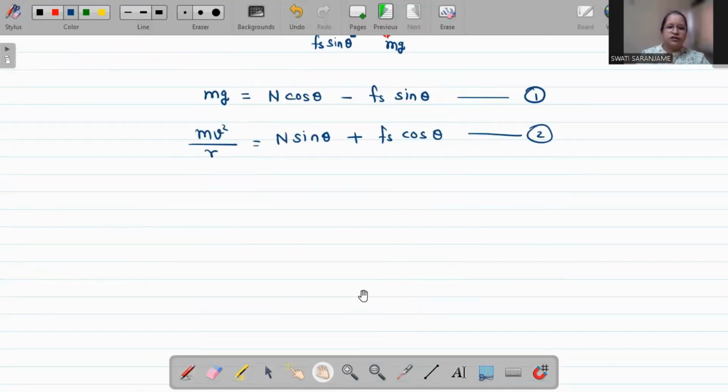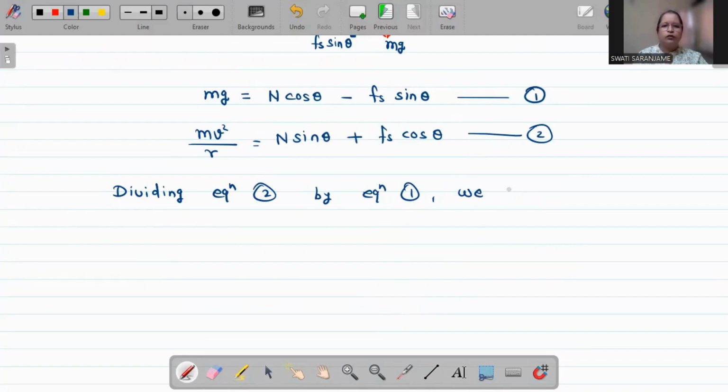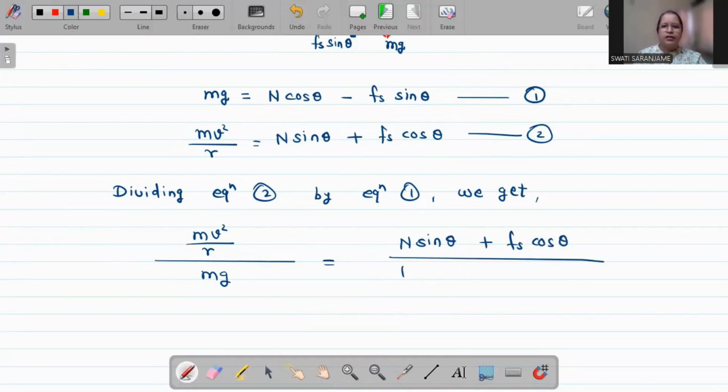As per the previous derivation, here also we'll divide equation 2 by equation 1, since we want to find the expression for v. What we get is mv square by r upon mg is equal to N sin theta plus Fs cos theta divided by N cos theta minus Fs sin theta.